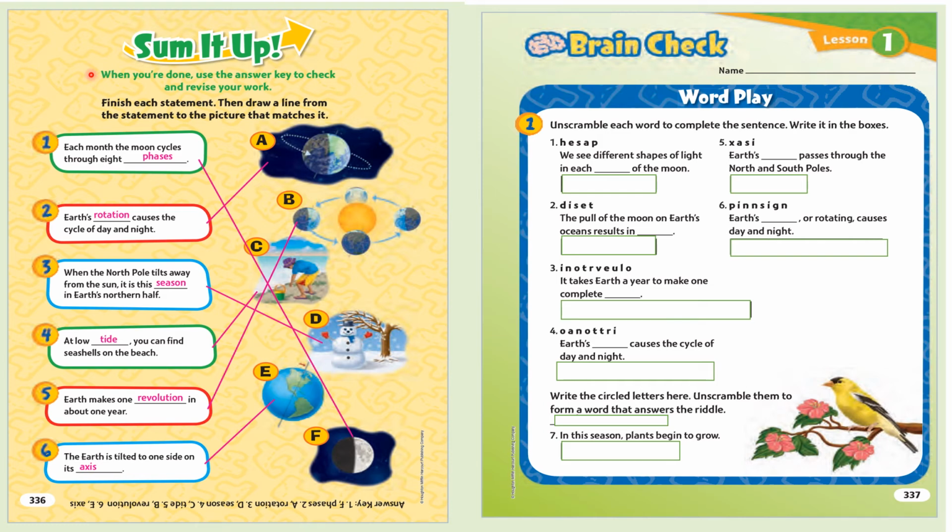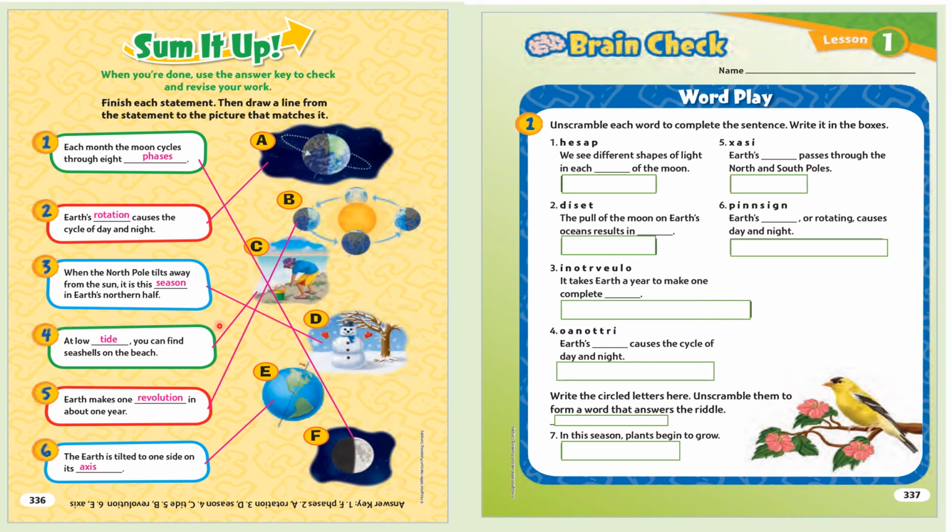Finish each statement. Then draw a line from the statement to the picture that matches it. 1. Each month the moon cycles through 8 blank. 2. Earth's blank causes the cycle of day and night. 3. When the North Pole tilts away from the sun, it is this blank in Earth's northern half. 4.